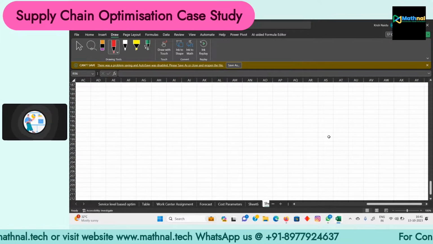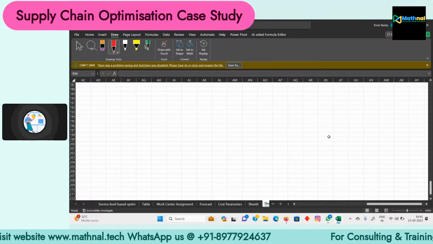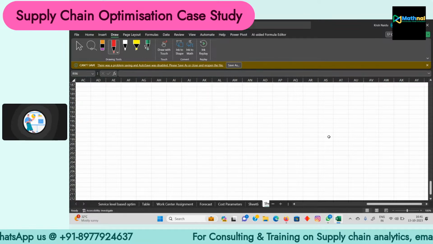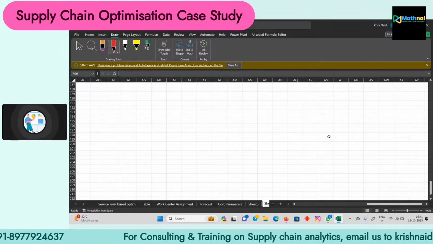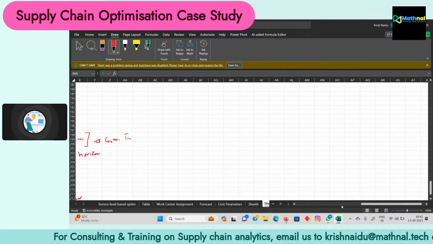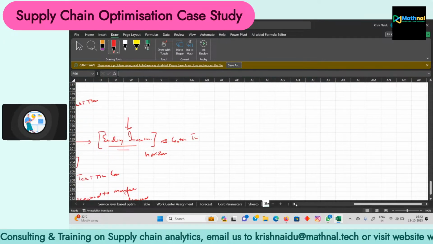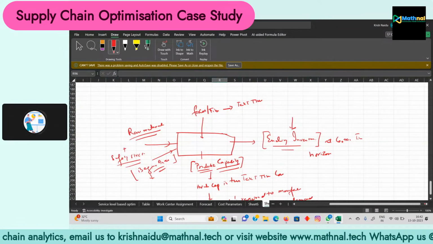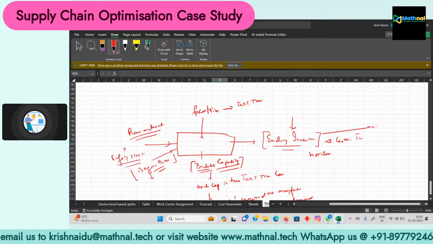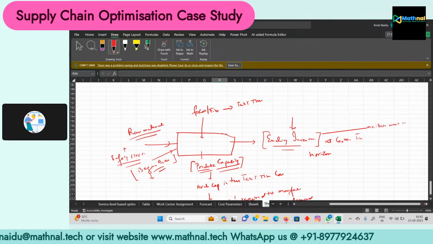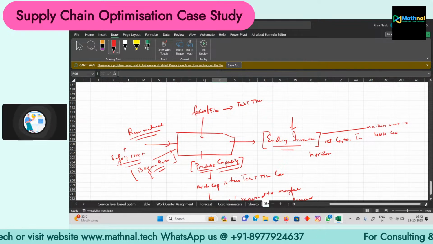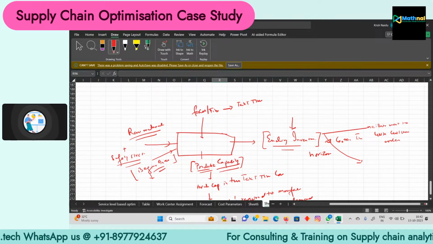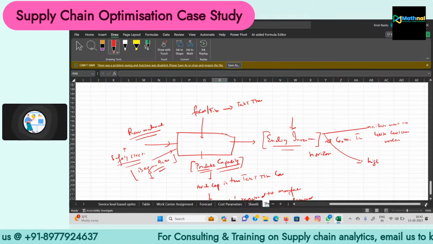So if you are defining the production capacity, your raw material capacity, your takt time, right? You're good. But everything has to work within certain boundaries. So we need to define our ending inventory. The reason for defining the ending inventory is that we neither want to lose customer orders nor have higher carrying cost.